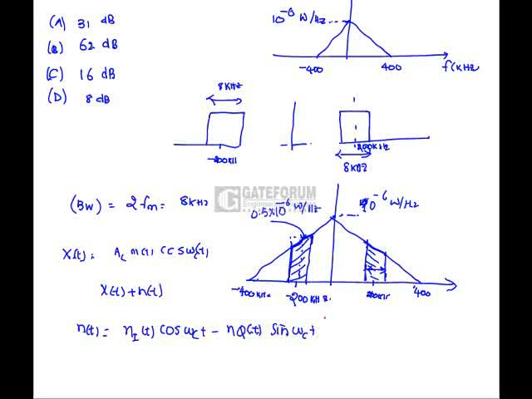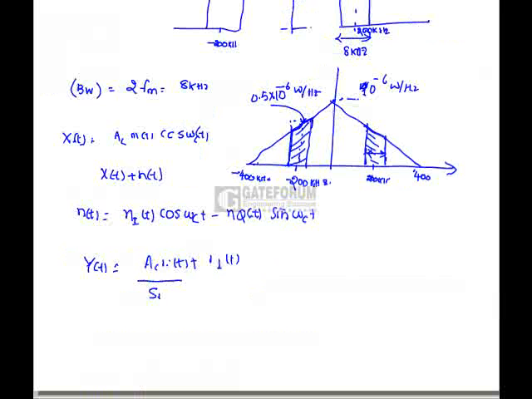This is detected through coherent detection, which means the quadrature component gets eliminated. So the resulting signal y of t is Ac m of t plus Ni of t, the output of the receiver. This is the signal component, and this is the noise component.